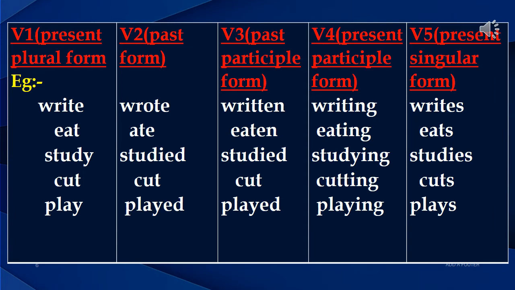That means V1 present plural form, V2 past form, and V3 past participle form are the same. So we use cut, cut, cut. Then V4 is cutting and V5 is cuts. I hope the five forms of verbs are very clear to you all. Do remember these V1, V2, V3, V4 and V5 with their names in your mind, then only we can move on to the next topic, that is each and every tense in detail with its structure as well as its function in a sentence.